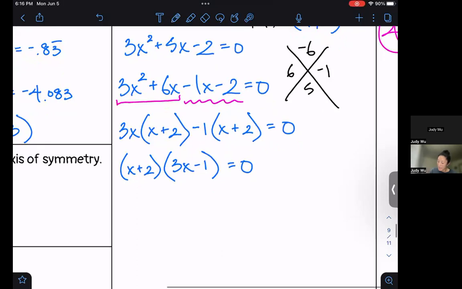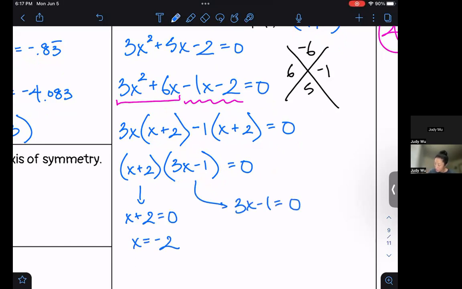And because I have these product equals 0, I can now set each of the factors equal to 0, just like the factored form. This will give me x plus 2 equals 0, or x equals negative 2. And this will give me 3x minus 1 equals 0, and x equals 1/3.